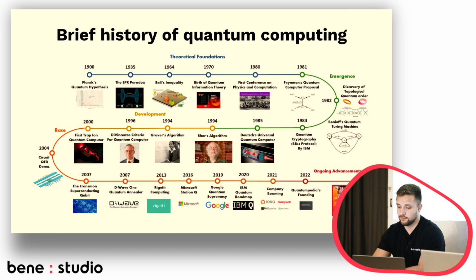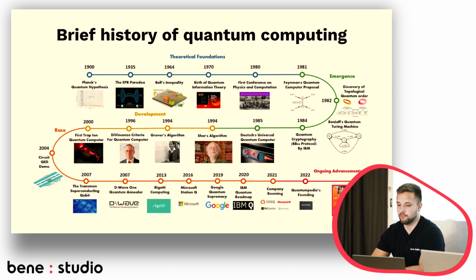Also, Grover published another algorithm, and these algorithms showcase the potential power of quantum computing, driving the investment in the field. And in the early 21st century, an intense race started. Researchers, tech giants, and startups started a race to build quantum computers.